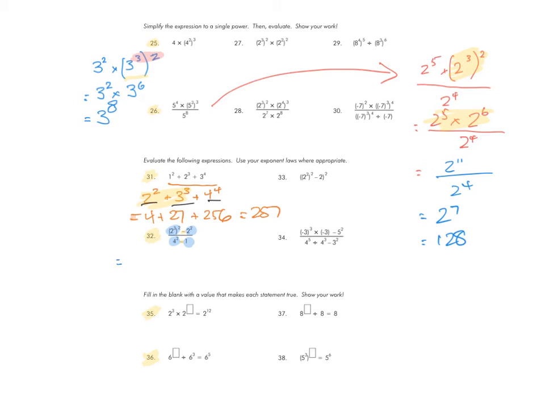And this one, I will do for you. I'm not going to make a different question. I'll just do this question for you. So 2 to the 3 squared, you're going to multiply those exponents.